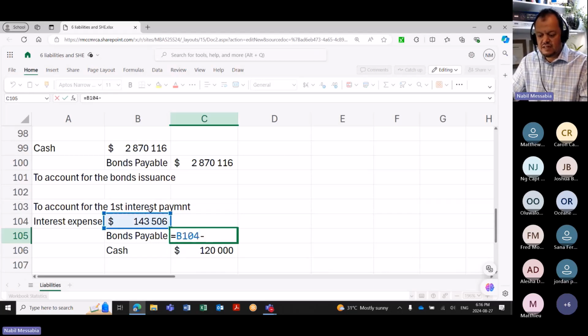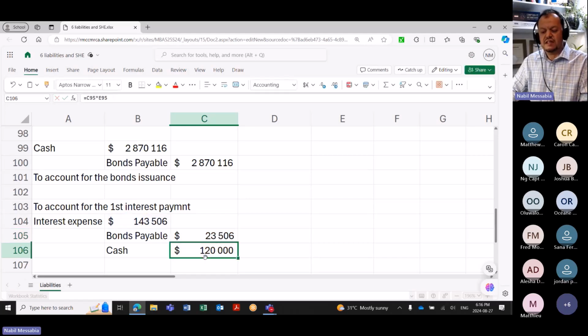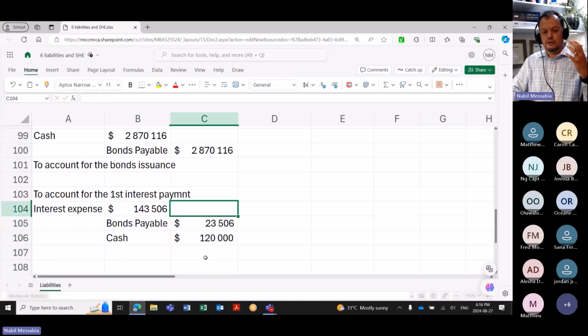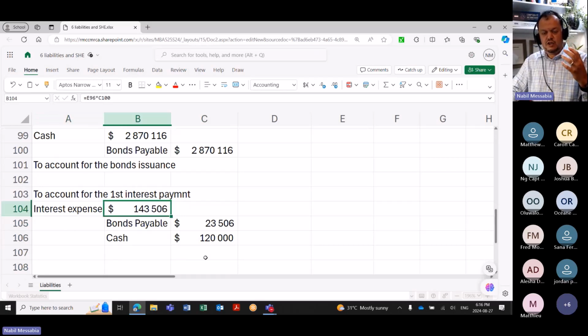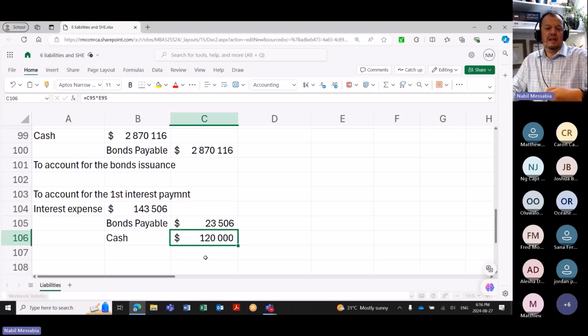This minus this is the amortization of discount, which means the effective cost for you as a company, the issuer, is what you're going to pay as cash interest plus a portion of that discount.